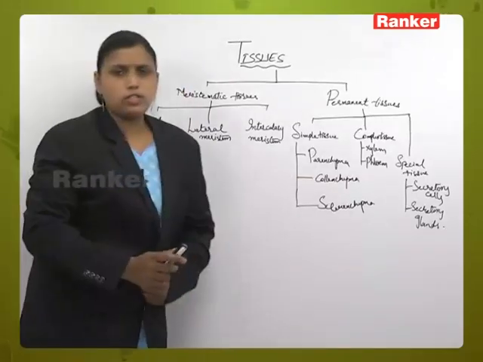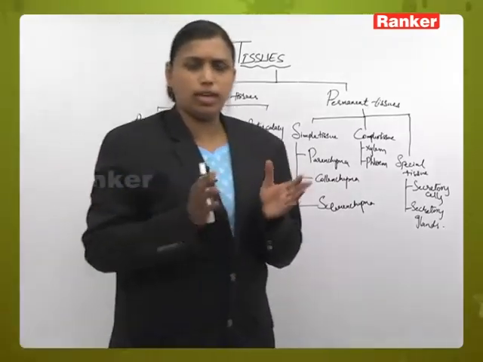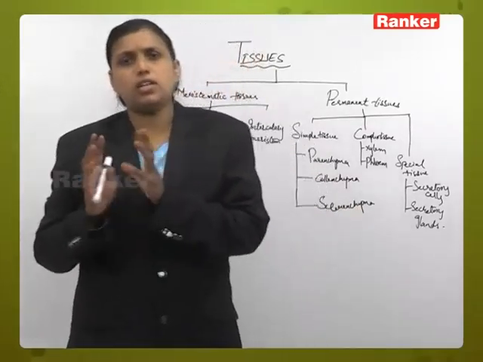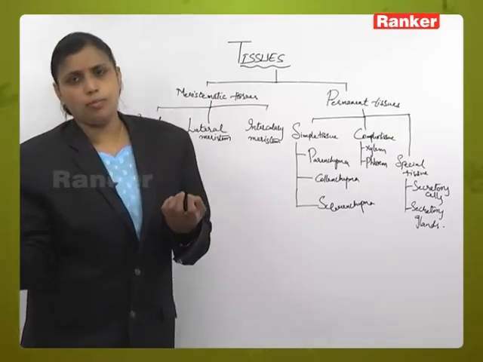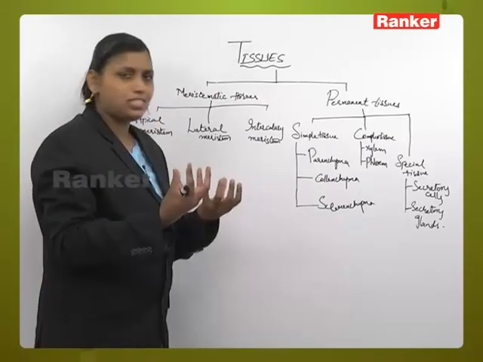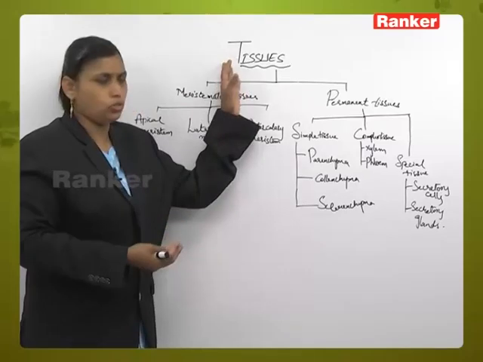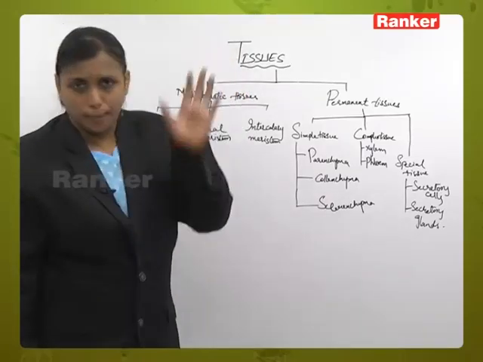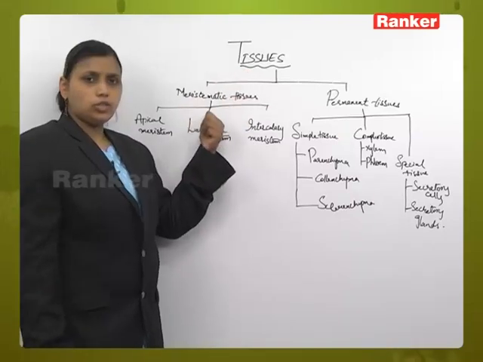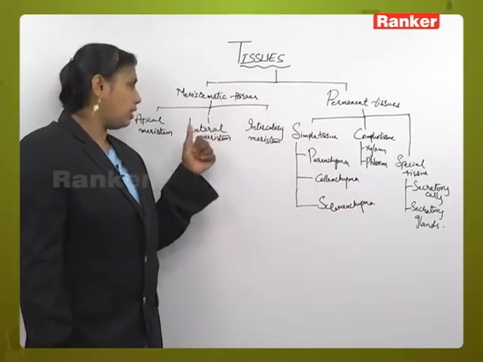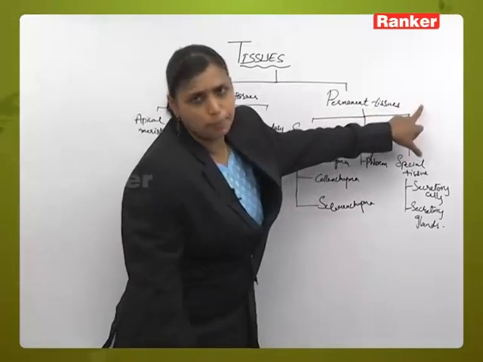Now the next topic we have here is tissues. We said earlier that the cell is the basic structural and functional unit, whether in a unicellular organism or an evolved multicellular organism. A combination of cells gives rise to tissues. In plants, there are two types of tissues: meristematic tissues and permanent tissues.